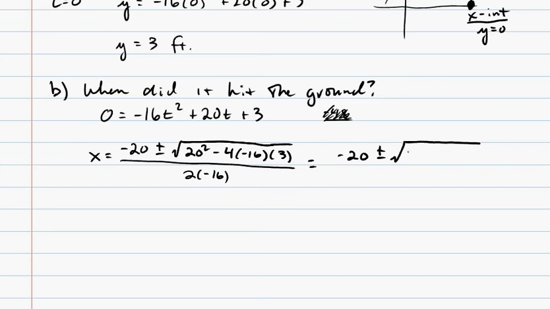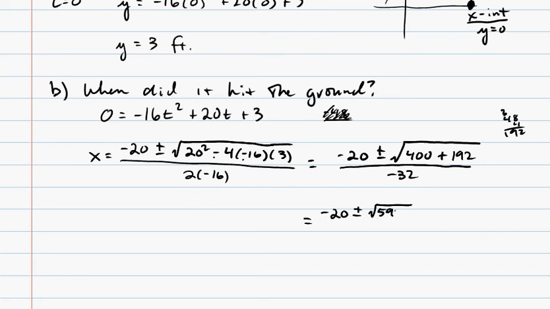I know this is going to be 400, and because of minus, and this is a minus, this is actually going to be adding inside. 3 times 16 is 48. 48 times 4 is 192, all over negative 32. So our answer is going to be negative 20 plus or minus the square root of 592 all over negative 32.